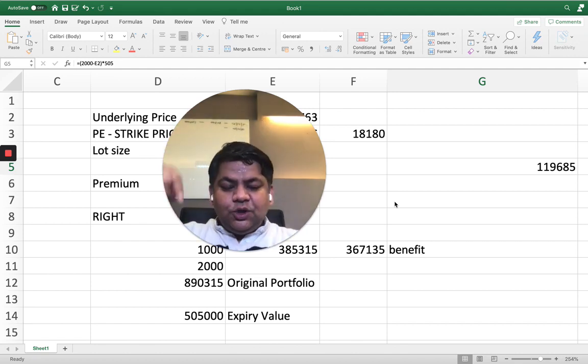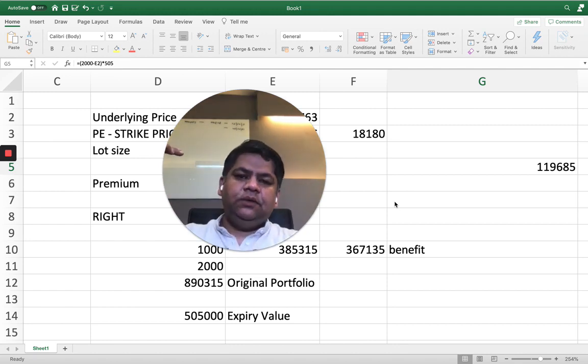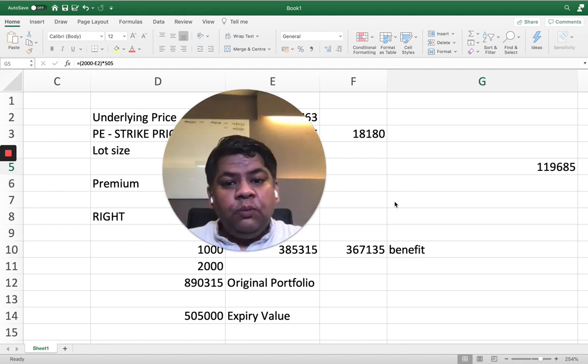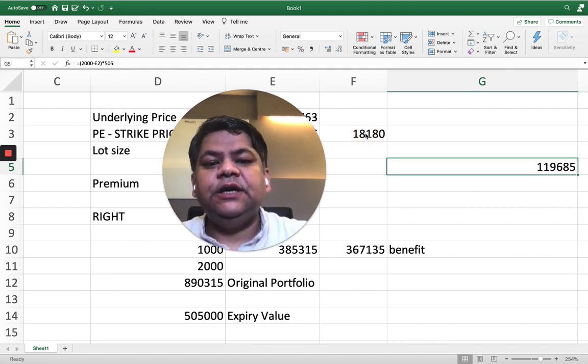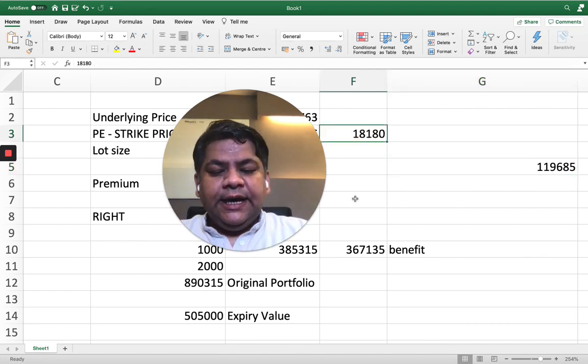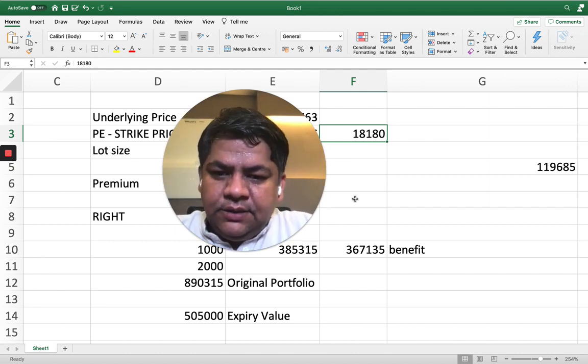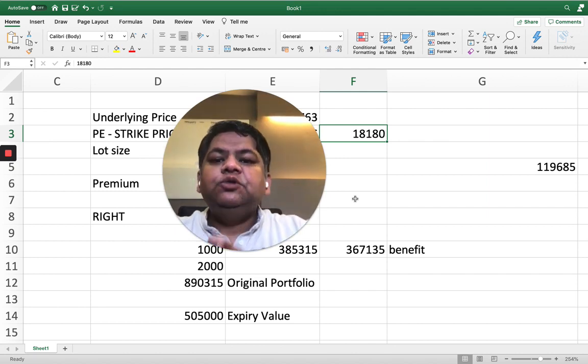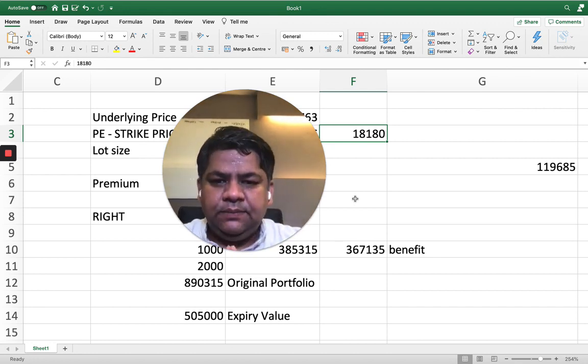But if the market goes down, deep down, then the loss will be borne by someone else, who has collected this premium from you. So as an option buyer, your loss is maximum up to the premium you have paid.